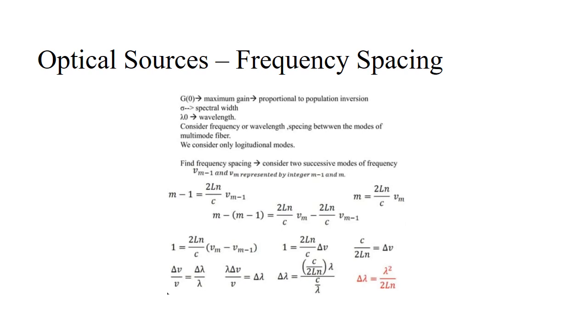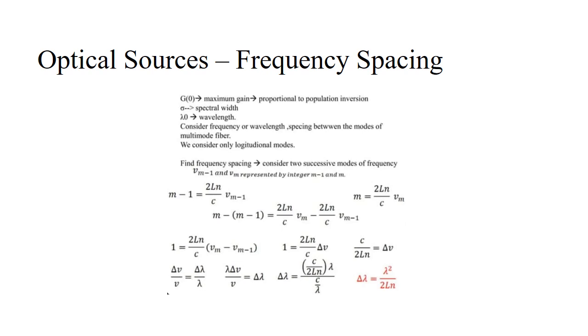To find the frequency spacing for the successive mode frequencies v(m-1) and v(m), where m-1 and m are integers, we can write m-1 equals 2ln divided by c times v(m-1), or m equals 2ln divided by c times v(m). Taking the two integers m and m-1, m minus (m-1) equals 2ln/c v(m) minus 2ln/c v(m-1).